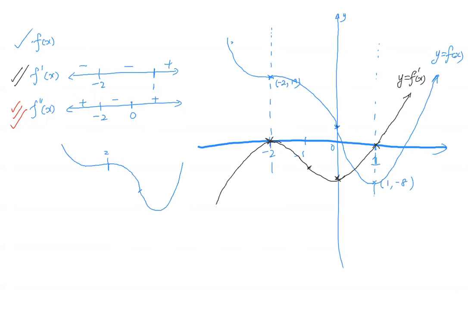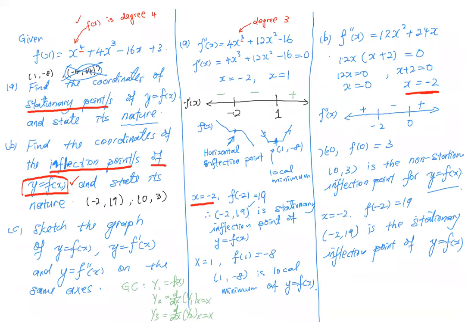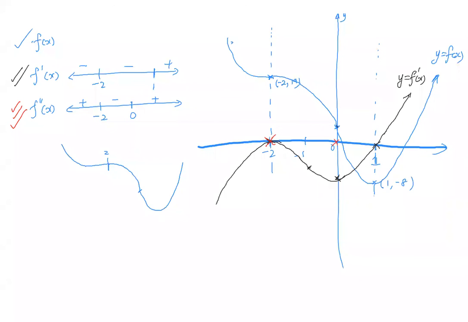So now your y equal to f double prime x. So it will pass through this point and it will pass through this point, and it's a quadratic. It's a quadratic, and you know that what is the shape of a quadratic? Yeah, it's a quadratic. Quadratic, correct? And it's a positive. Your a is positive. So definitely it will go this way because my f prime x is going up.